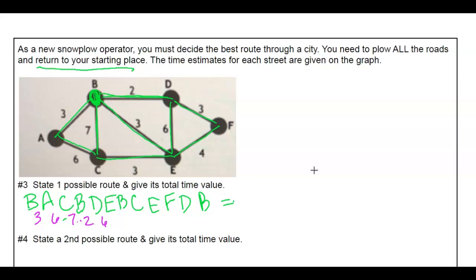Then I'm going to go to B, which is 3. And then to C, so 7. To E, 3. To F is 4. Plus F to D is 3. And then back to B, so 2. So I got 46.